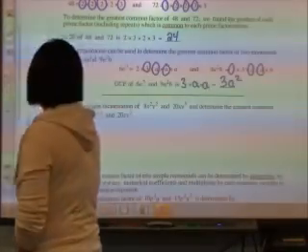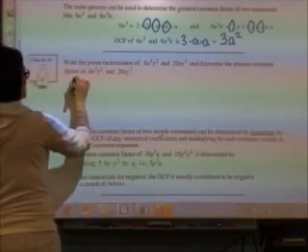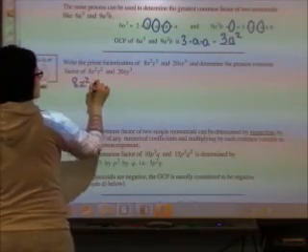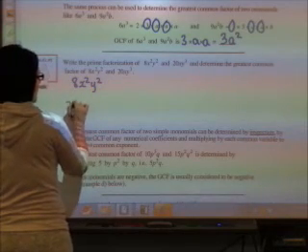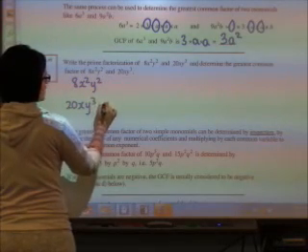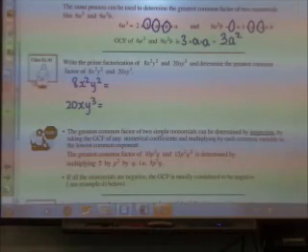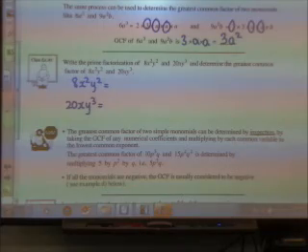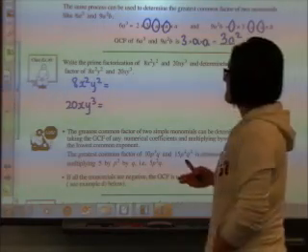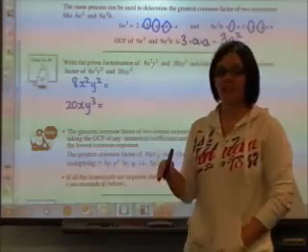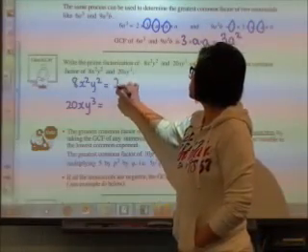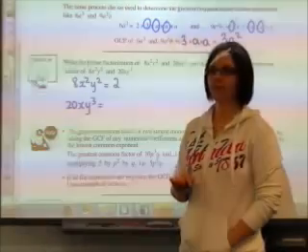So if I have 8x squared y squared and 20xy cubed, if we write 8x squared y squared as a product of prime numbers, if I divide 8 by 2, what do I get? 4.